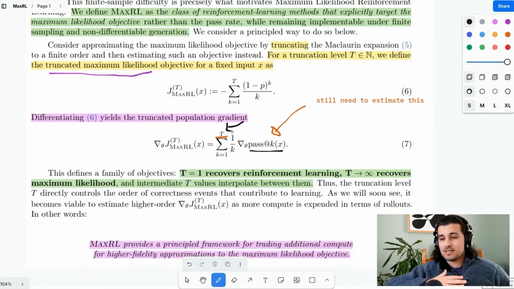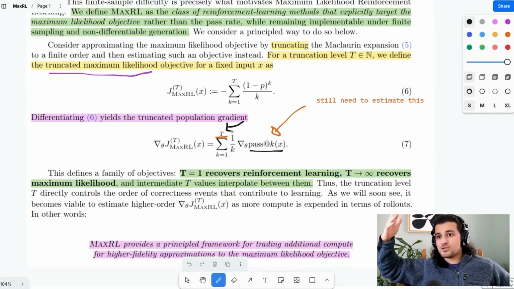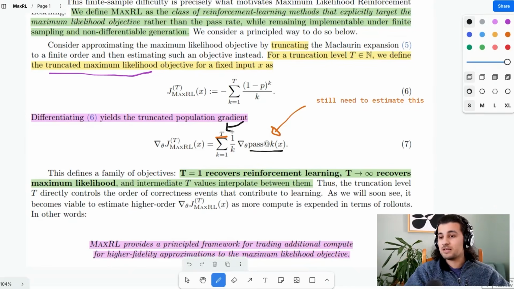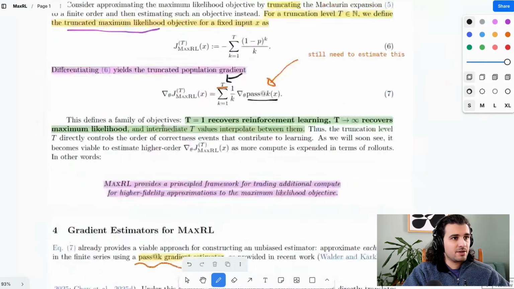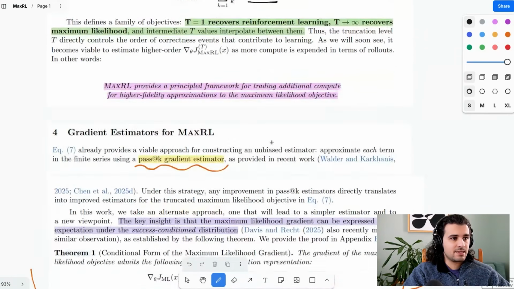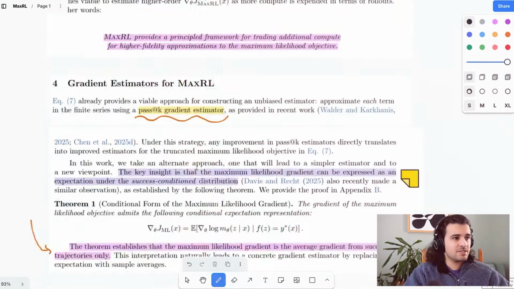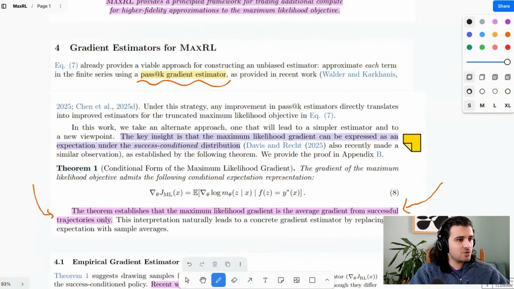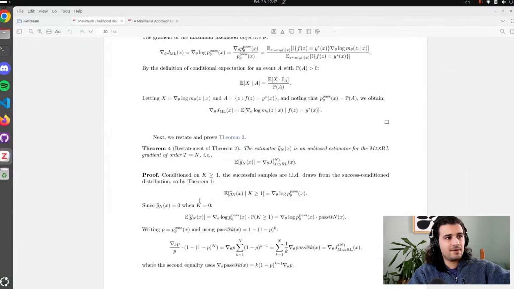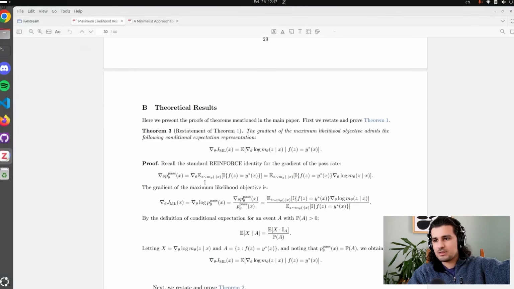This connects because what it means is that if you have pass at 2000, technically you are really getting closer to a maximum likelihood objective. Right. So we're going to try now to get this pass at k and find an estimator for this. And then there's a bunch of theorems. We can go through them here, but you should definitely read that.